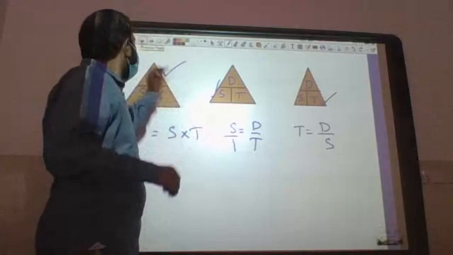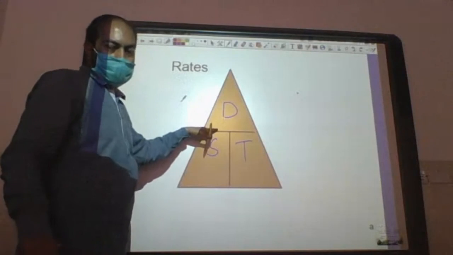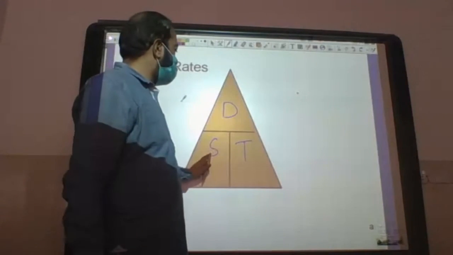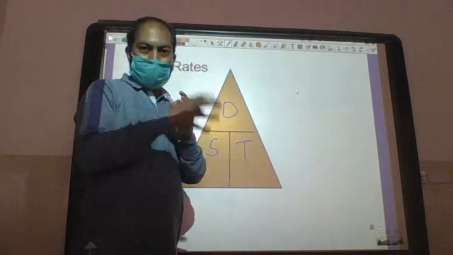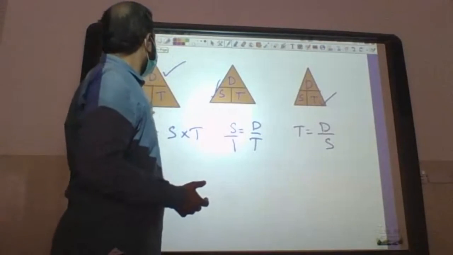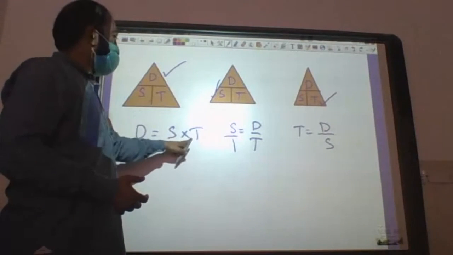Please keep this in your mind. This is the basic definition of rates. Through this application, we can understand very well. Let me summarize it. Distance, speed, and time: only three quantities will rotate among each other, and we can formulate the formula. If we want distance, then speed multiplied by time.